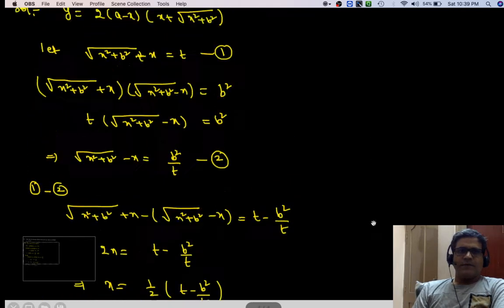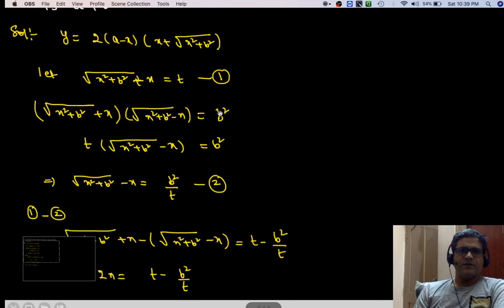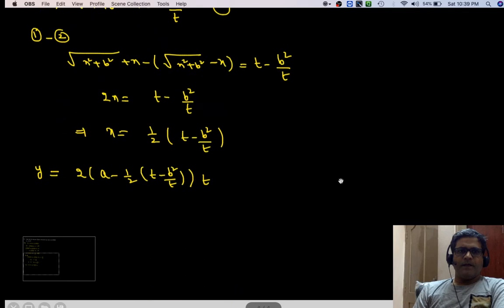Here we substituted x + √(x² + b²) as t. Now the given expression becomes like this.